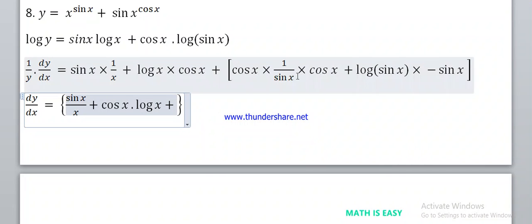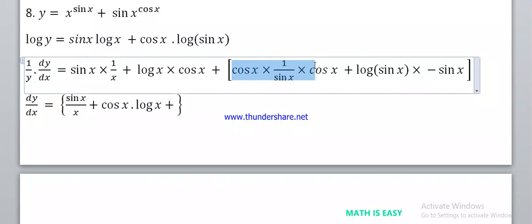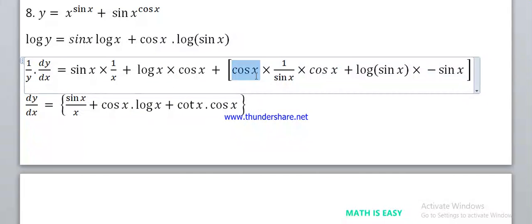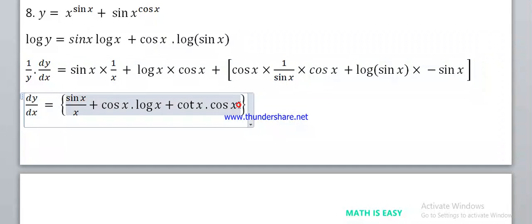Then plus, here you have cos x into cos x, which is cos square x, or you can write cos x upon sin x as cot x into cos x. How did I get cos x? Cos x upon sin x is cot x, and this cos x will remain the same.